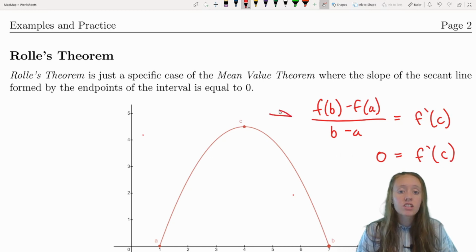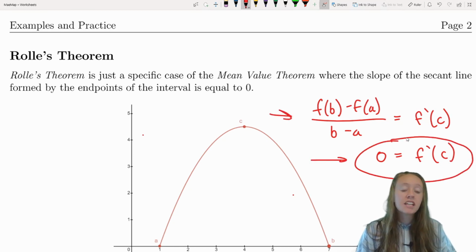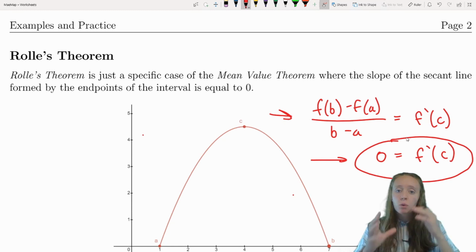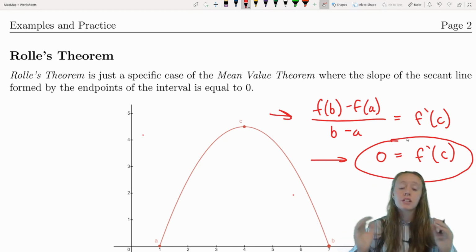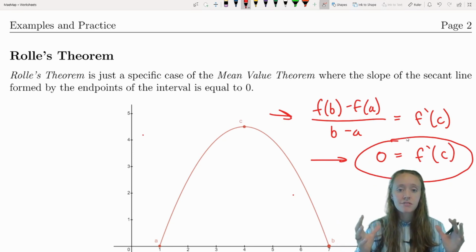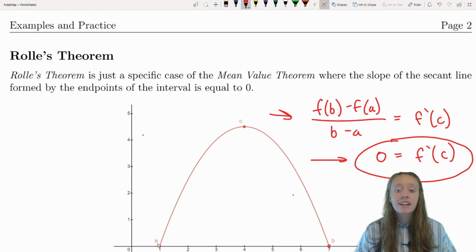So here is the general mean value theorem, and here is Rolle's theorem, that 0 is going to be equal to f prime of c. Now the conditions are fairly similar to the mean value theorem, except we have an extra condition. Not only do we have to be on a closed interval, and our function differentiable within that interval, but we also have the fact that f of a needs to equal f of b.